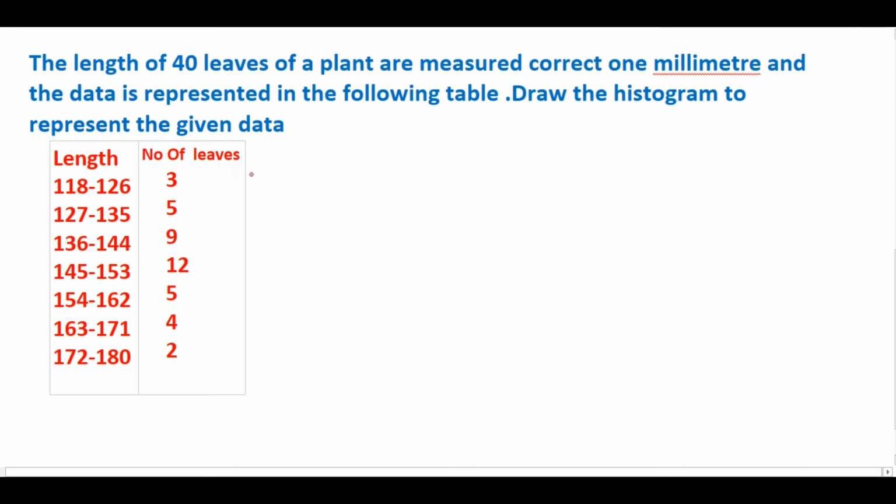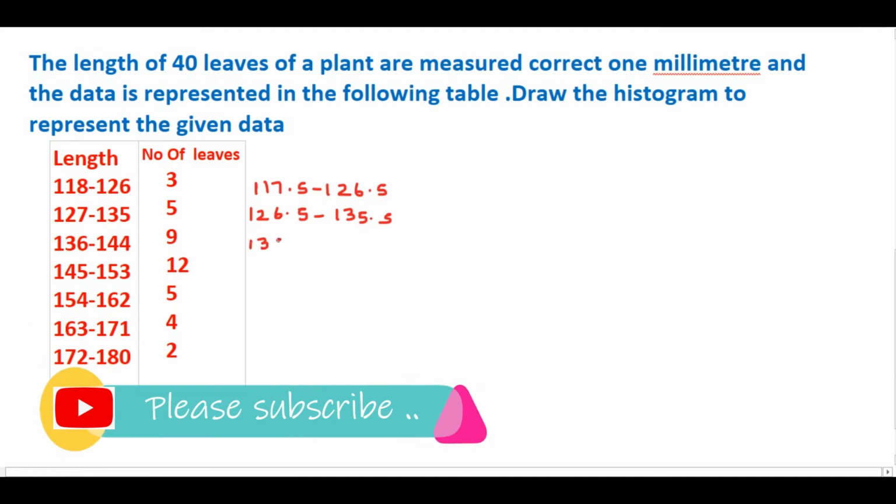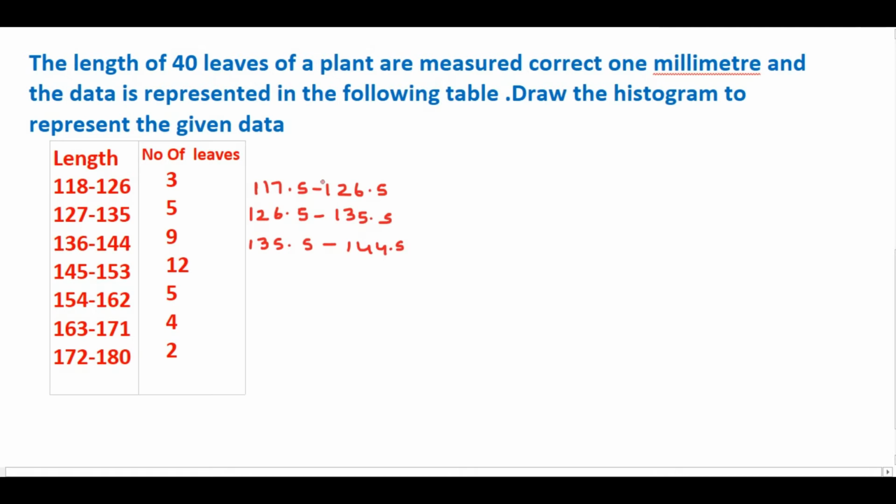So you can change this class interval as 117.5 to 126.5, again 126.5 to 135.5, 135.5 to 144.5. So you can see now the class intervals are continuous.